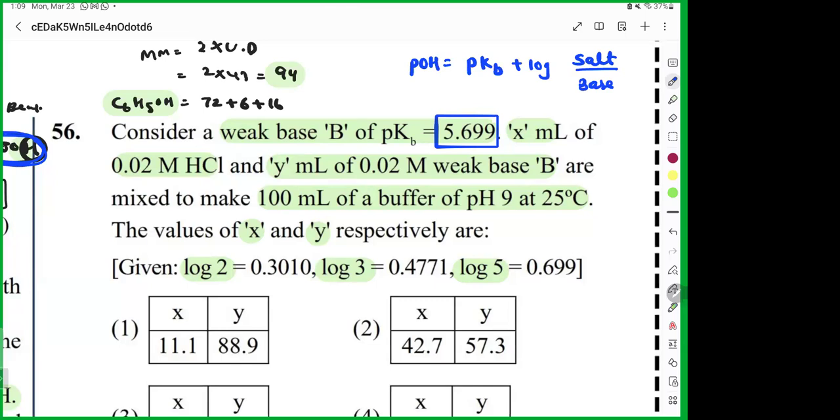This is the formula. Based on the pOH, you can calculate pH, because the pH of the buffer is given as 9. So if pH is 9, we know pH plus pOH total is 14. So what will be the pOH value? 5.